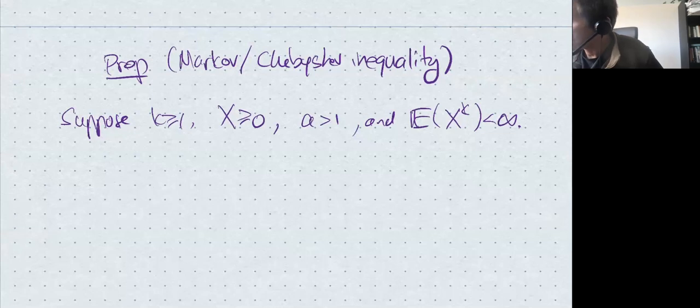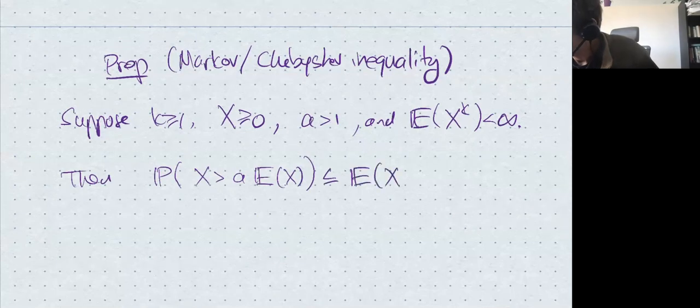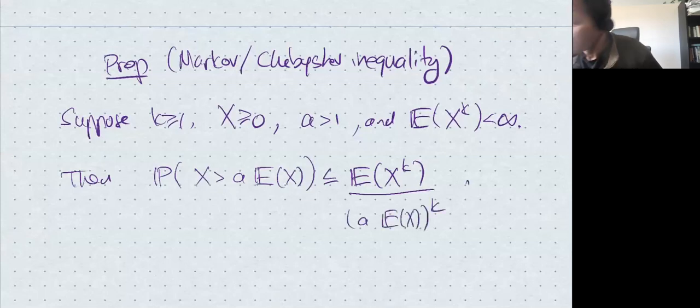Suppose you can establish this, then the probability that x exceeds its expectation by a factor of a is less than the kth raw moment divided by a times the expectation, quantity to the power k.